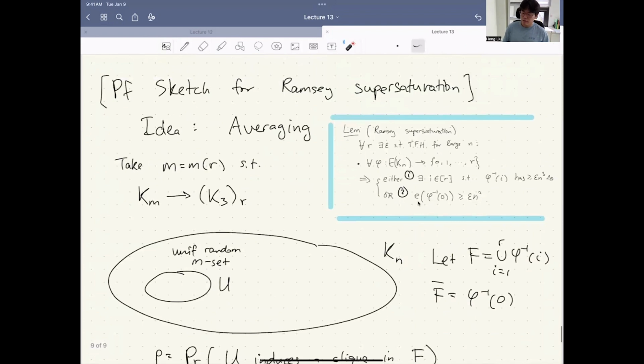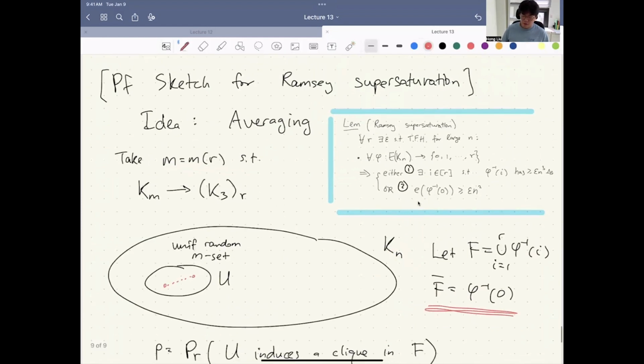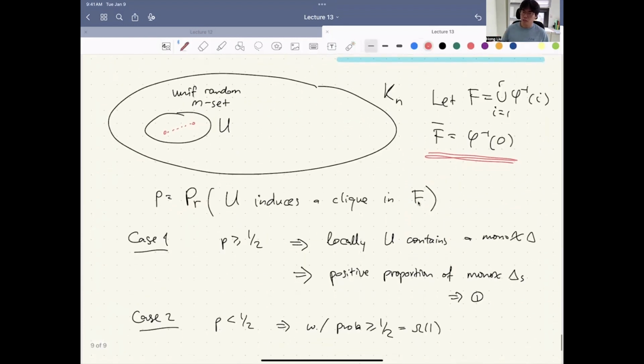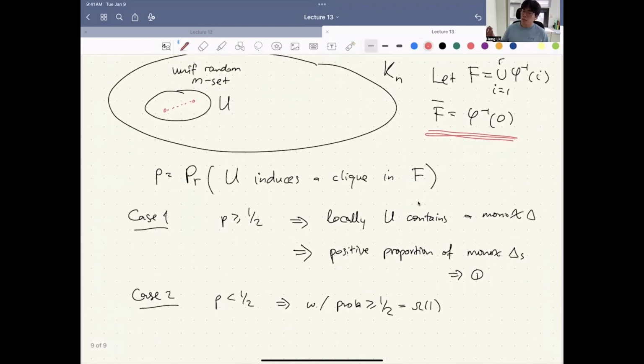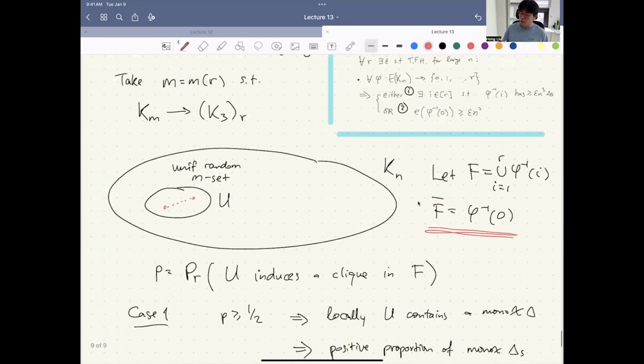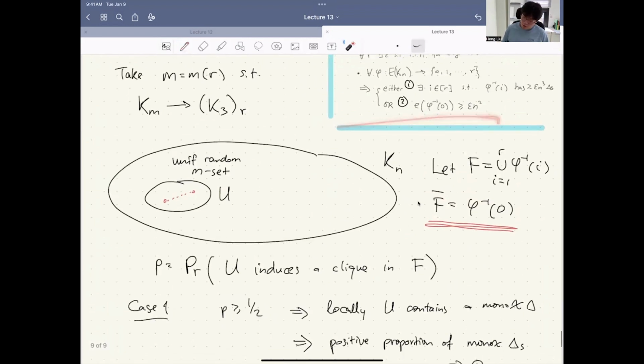But m you should think of as a constant, with n tending to infinity. So locally we will see a missing edge. This is in color 0, which we should think of as F bar. So locally we see a missing edge. That means missing edges have positive density. By averaging, F bar has omega(n squared) edges. We get the second alternative. That's it.